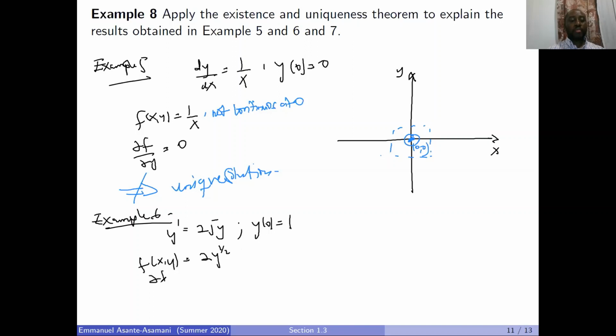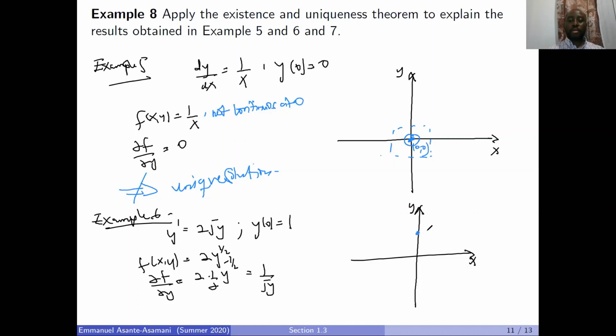Its partial derivative with respect to y, right? That's 2 times 1/2 y to the minus 1/2, which is the same as 1 over the square root of y. Okay. Now in this case, my initial condition is 0, 1.